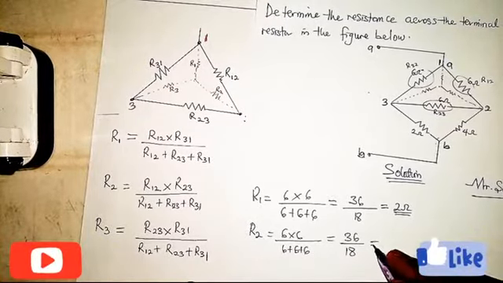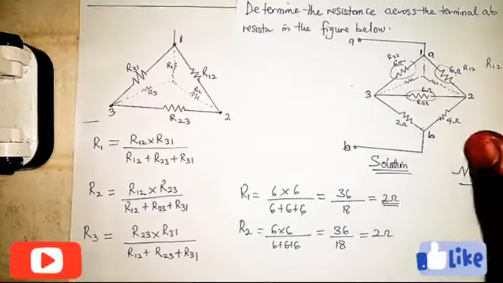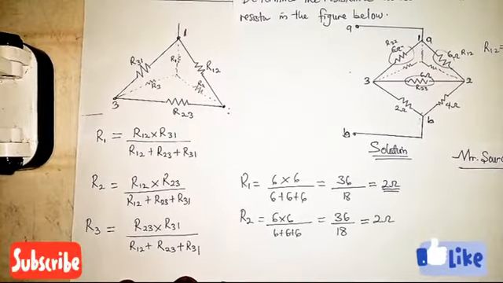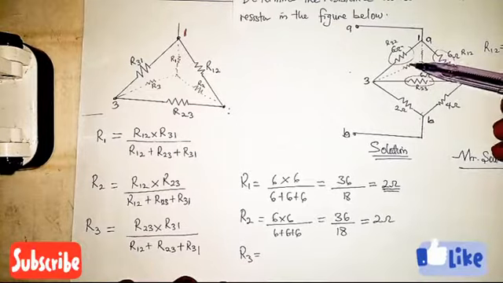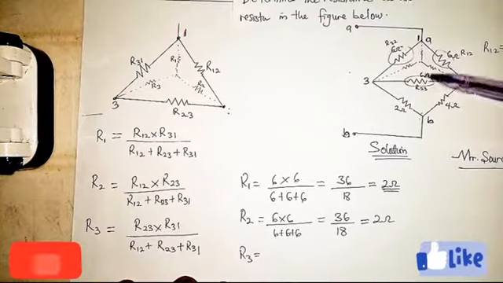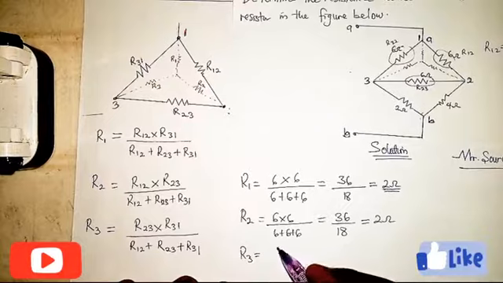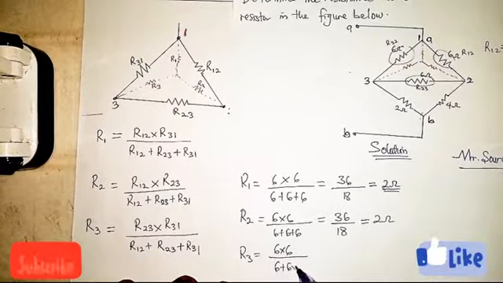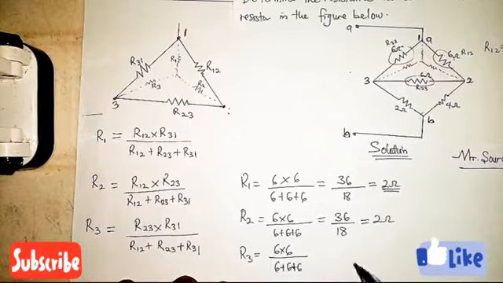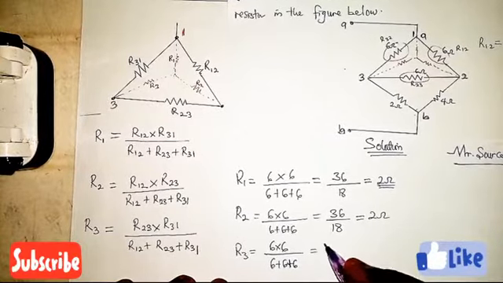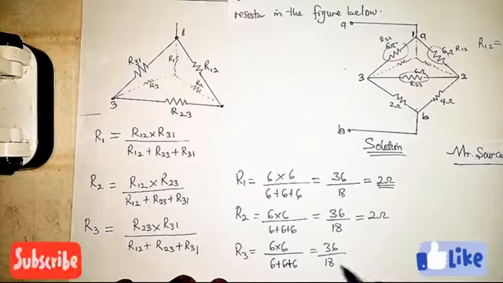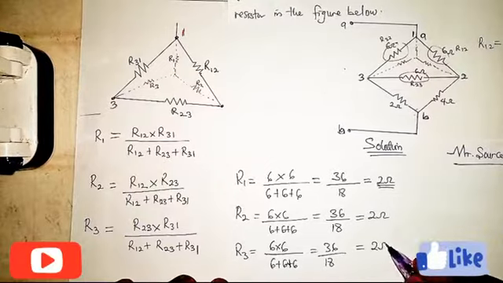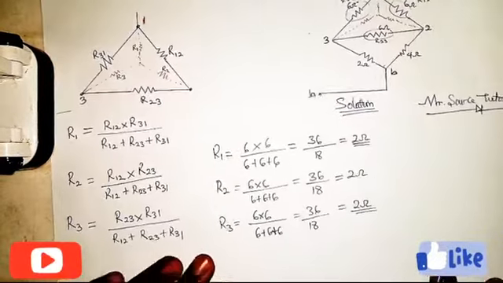The value of resistances might change, but in this question they're giving the same value of resistances. Our R3 is given by this opposite resistance times this divided by the total sum. That gives you 6 times 6 divided by 6 plus 6 plus 6, equal to 36 over 18, equal to the same 2 ohm. Yes, that's pretty cool.